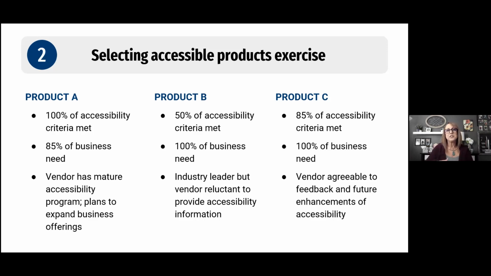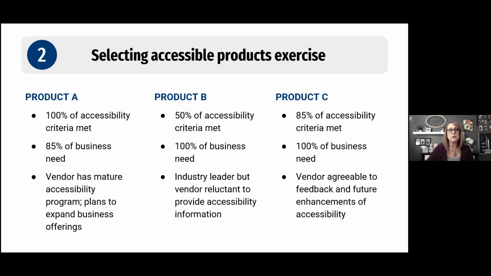Maybe we're just going to ease into using this product, and so that's okay. 100% of the accessibility is met, and we're going to ease into the product offerings as they bring them up to speed. Or product C, where the vendor can open tickets for accessibility and provide feedback, get feedback from us to provide future enhancements.